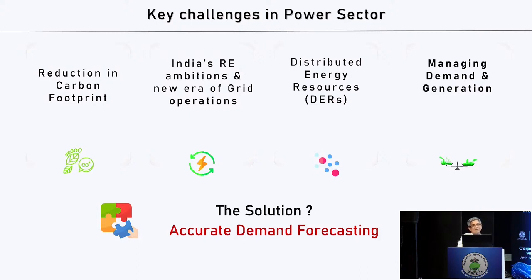So it will have a larger impact on the power system. So now the focus should be on forecasting. We need to do the forecasting as accurately as possible so that the demand and supply is balanced.